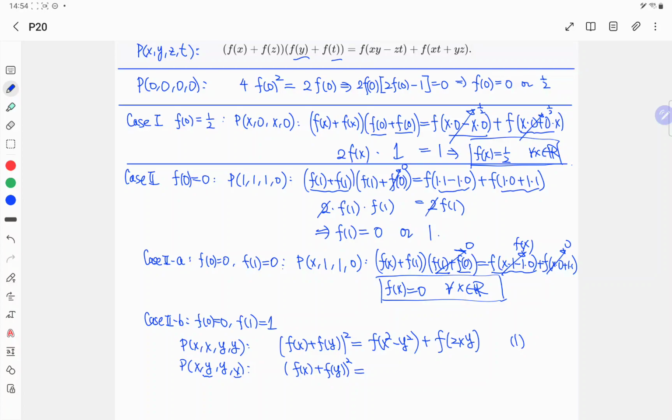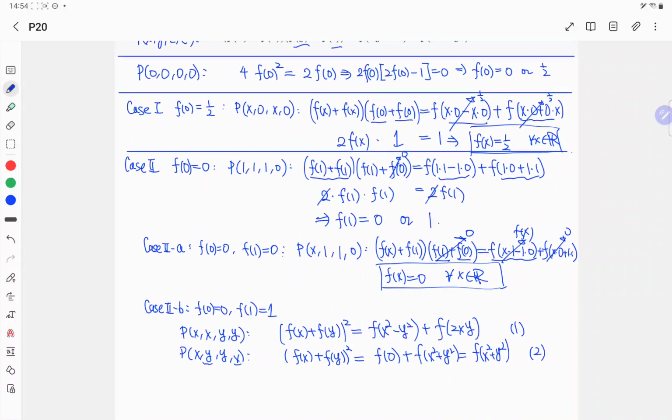And then on the right side, xy minus yx is actually f(0) plus, the second one is x squared plus y squared. So this is f(x squared plus y squared). So here we have f(0) to be 0. So this is actually f(x squared plus y squared).